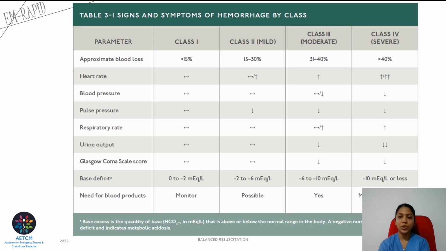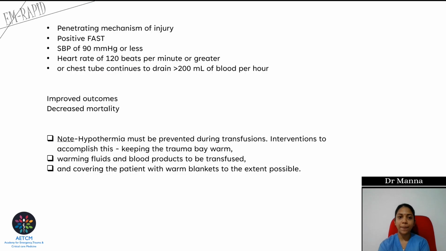So as I told, it will be usually required in class 3 or class 4 hemorrhagic shock. And we should think about massive transfusion protocol, and we should arrange the bloods in blood bank if we are having some massive hemorrhage, like a penetrating hemorrhage or a positive FAST, or if we are getting a patient with a systolic BP less than 90, if the patient is having a heart rate more than 120, or if this patient's ICD is draining more than 200 ml of blood in an hour.